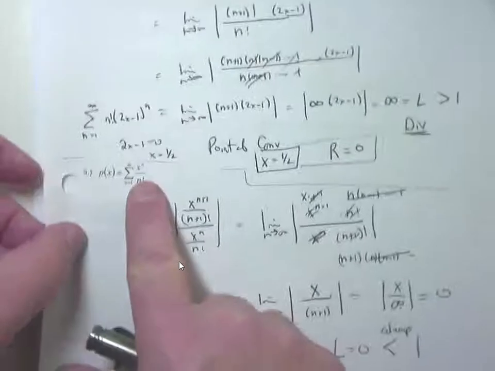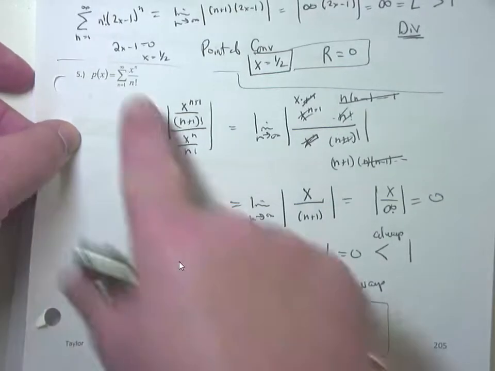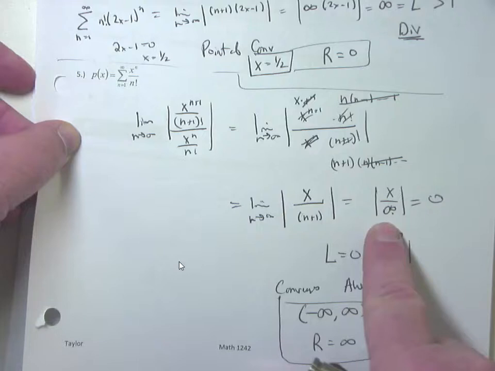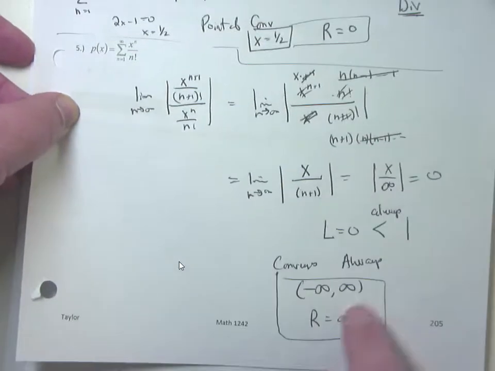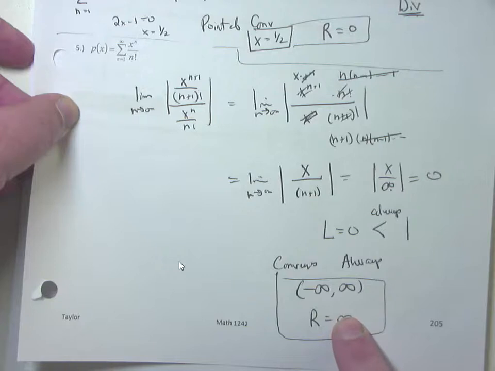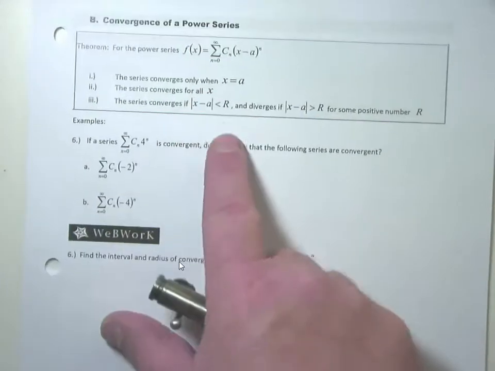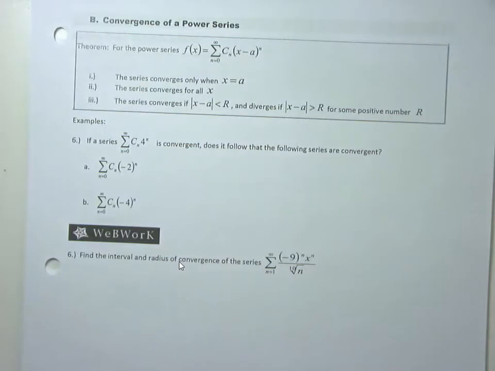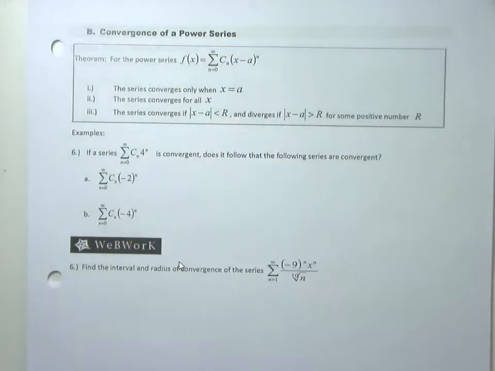Then we had a series where the factorial was in the denominator. When I did the ratio test and took the limit to infinity, I got 0, and 0 is always less than 1, so we got an interval of convergence from negative infinity to infinity. That's case number 2, all real numbers. But most cases are case number 3, where you get some kind of absolute value of x minus a, force it to be less than R, and solve for x in the middle to get your interval of convergence.